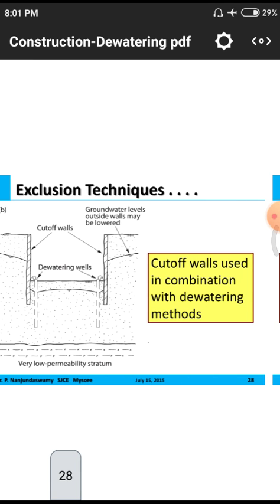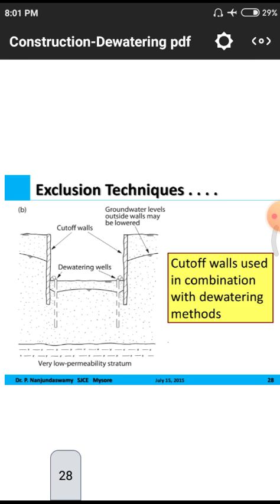The next exclusion technique, the second method, is dewatering wells. On either side of the cut-off walls we use dewatering wells. Normally small diameter holes are inserted into the earth surface, which leads to dewatering.